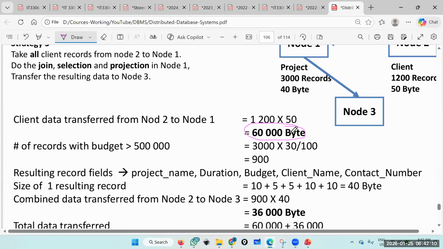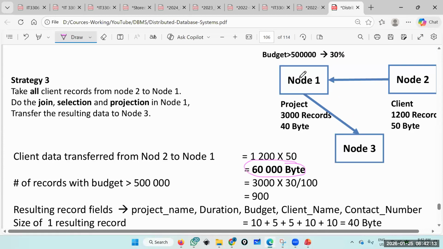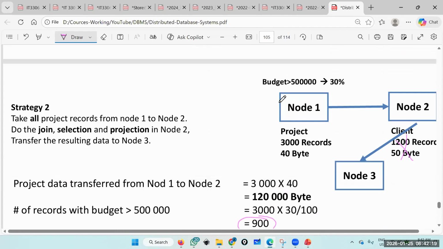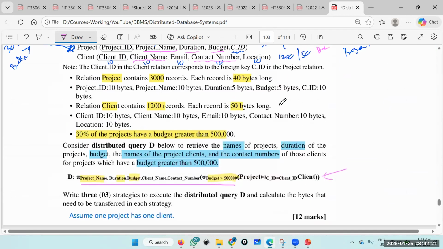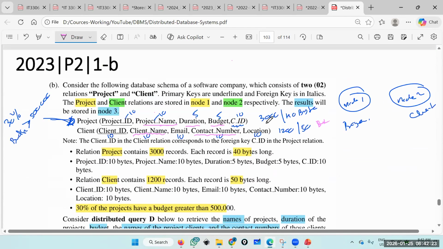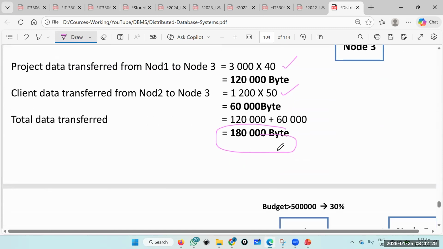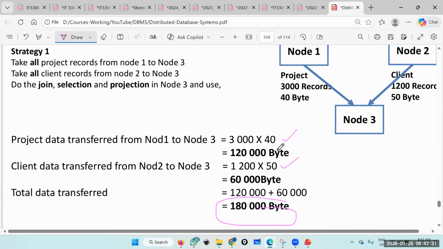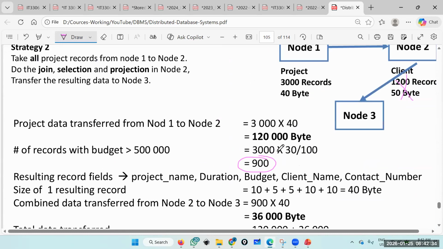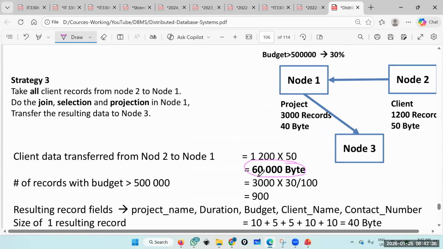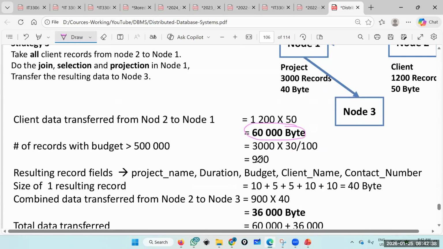So then here you can do the sigma of projects. Though you have 3,000 projects, you can take only 30% of that, because ultimately you are getting the project details. So therefore, it's 3,000 into 30%, 900.